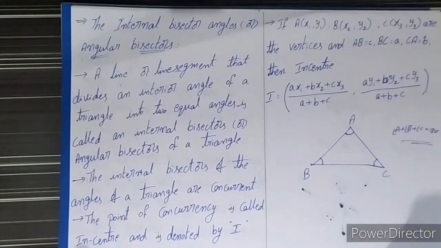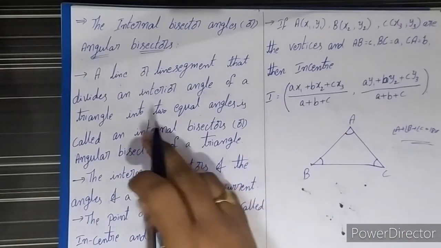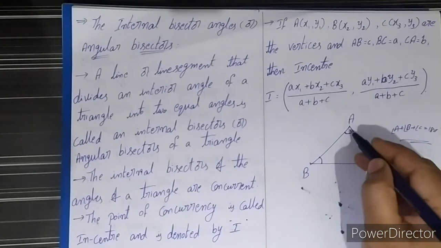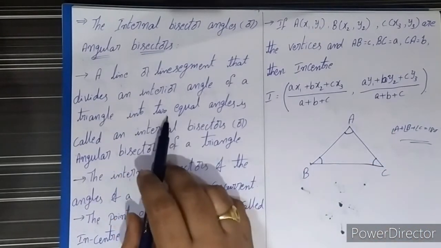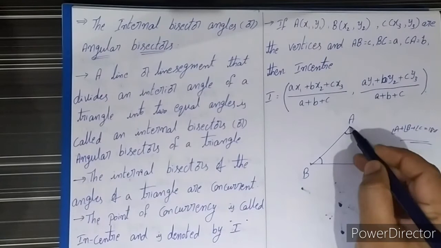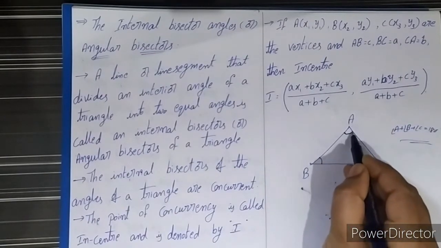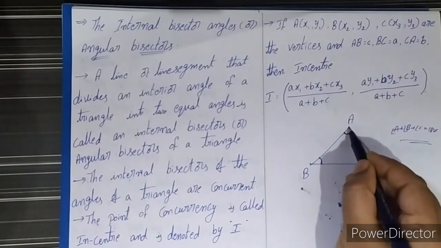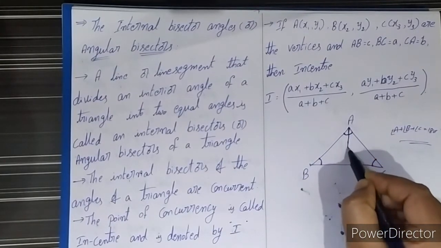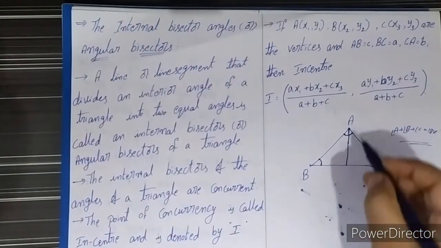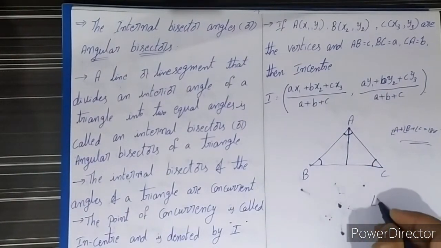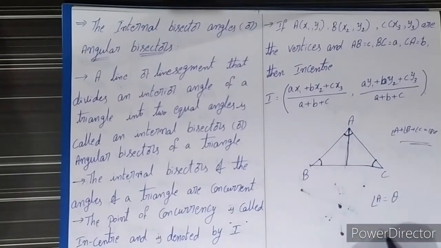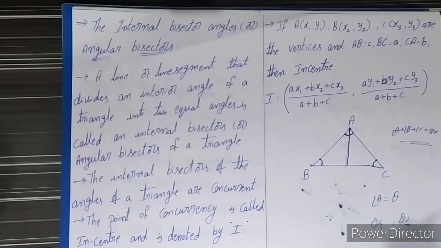This is the known statement, and internal bisectors or angular bisectors are drawn from the two equal angles. Any line that divides this angle or this angle, either this angle, into two equal parts. That means if angle A is theta, then this line divides this angle into two equal parts.